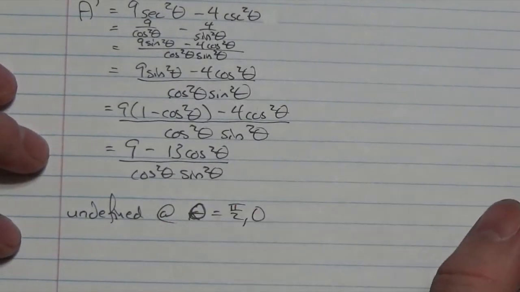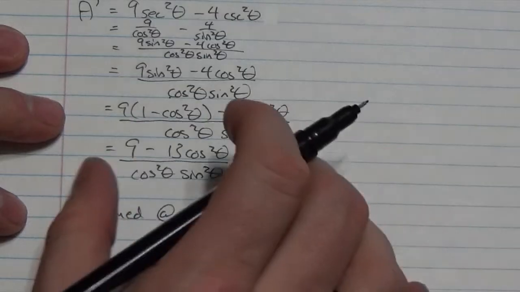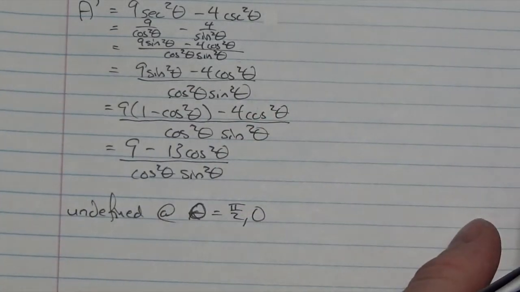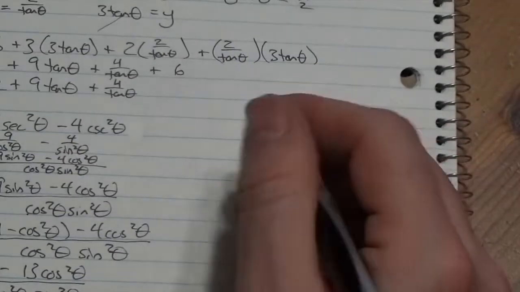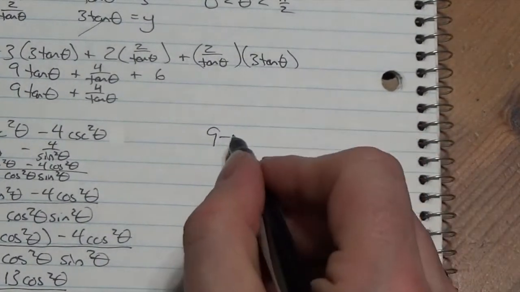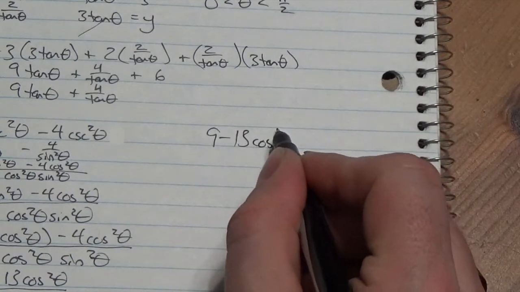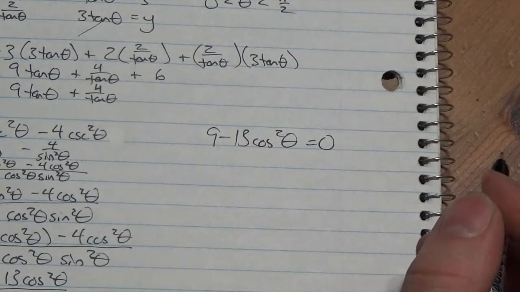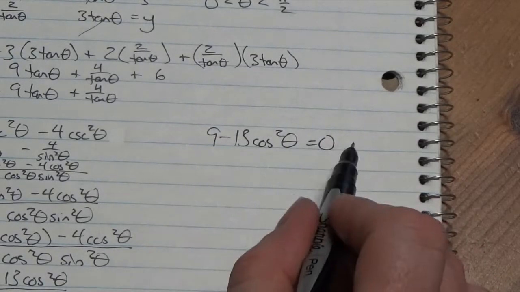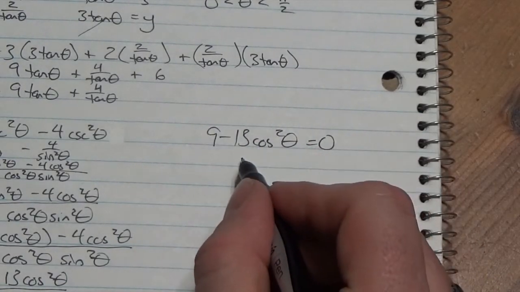So now it's where the numerator goes to 0. Let's talk about that. I've got to look at where 9 minus 13 cosine squared is equal to 0. So, 9 minus 13 multiplied by the cosine squared of theta, I've got to figure out where that's equal to 0. I would bring over the 9, make it negative over there, and divide by negative 13.